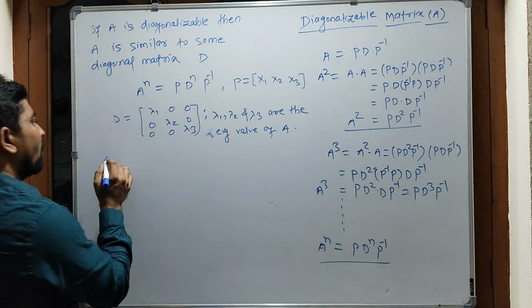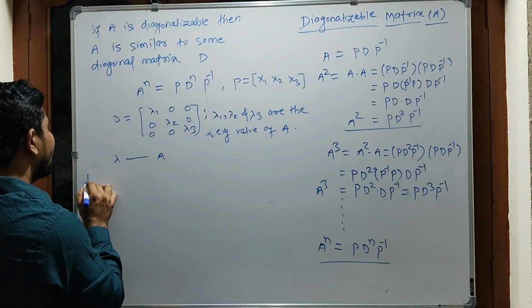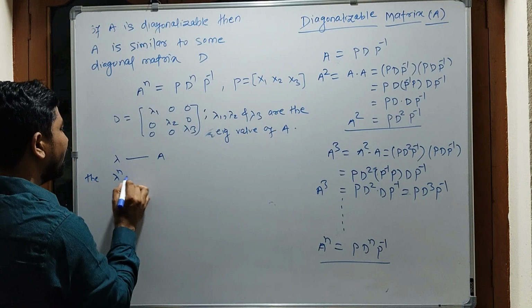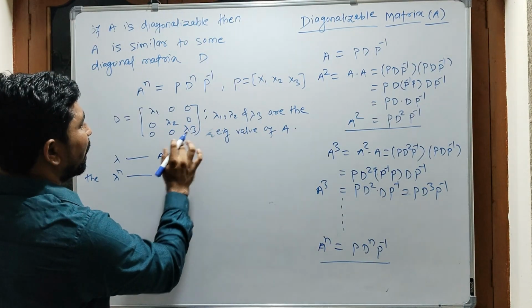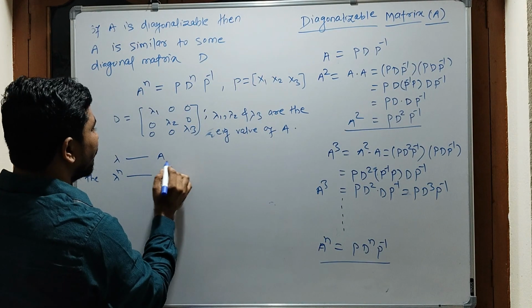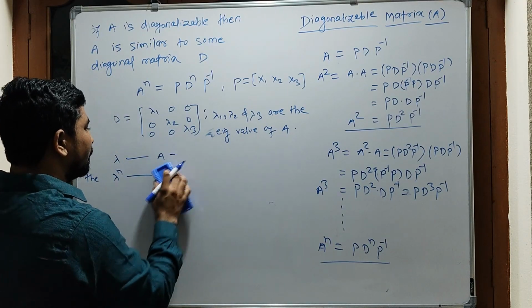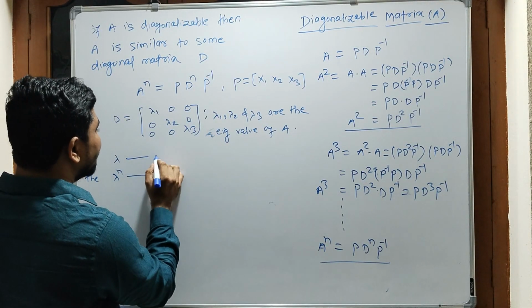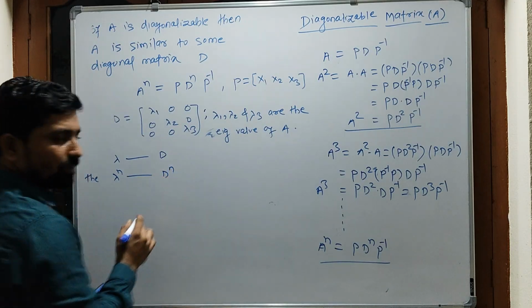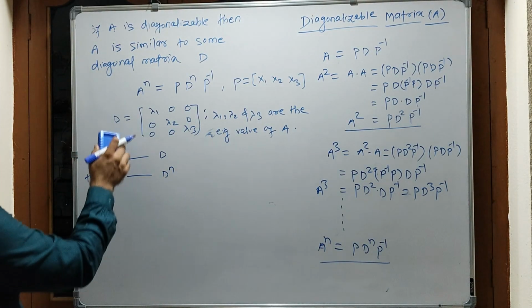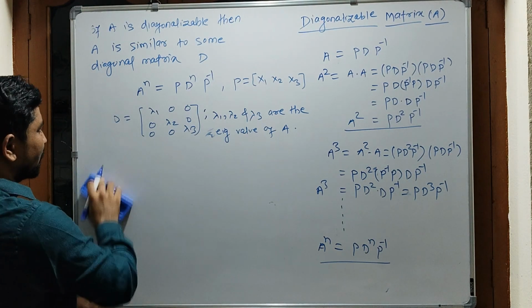All of you know, if lambda is the eigenvalue of A, then lambda power n is the eigenvalue of A power n. So I am using this for D. In the same way, if lambda is the eigenvalue of D, then lambda power n is the eigenvalue of D power n. So I will write D power n by using this property.